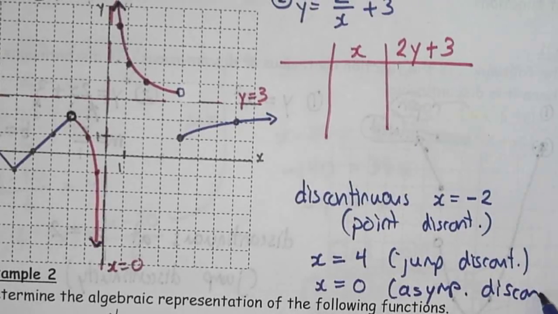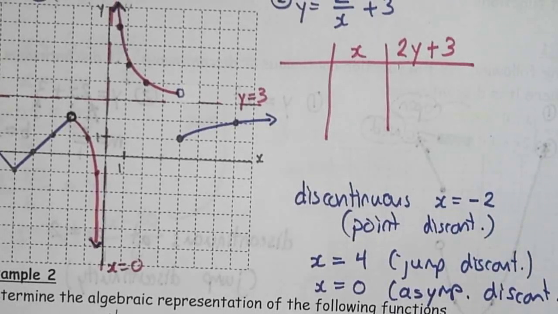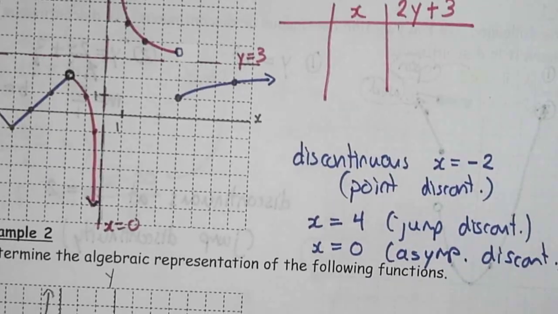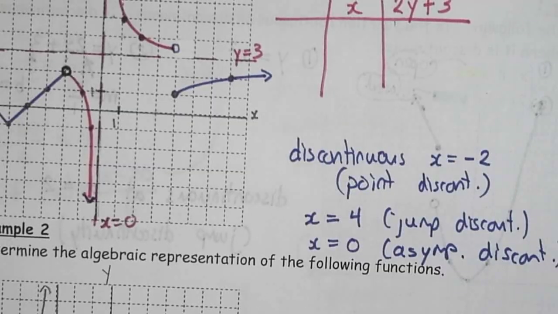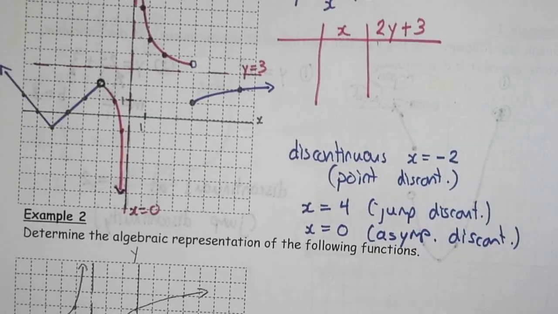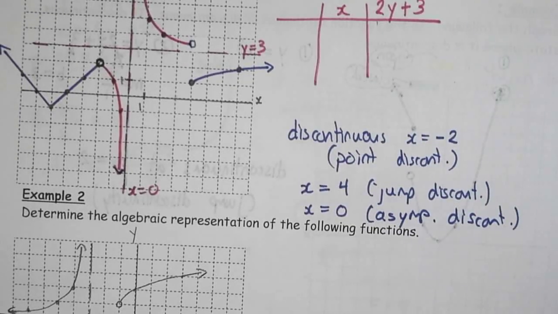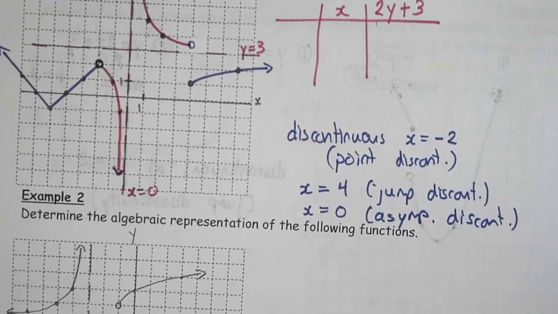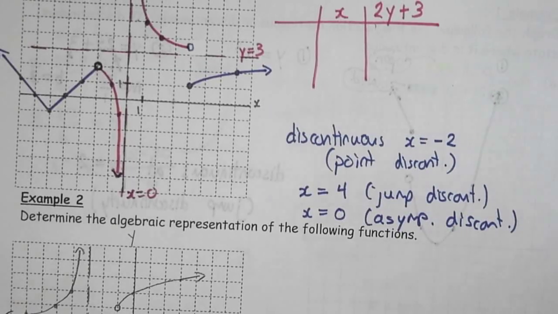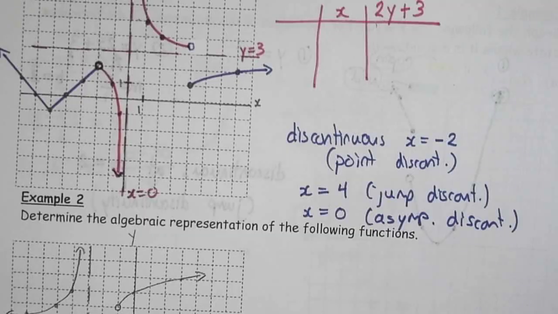Either word, you can go with either one, asymptotic and you can shorten it. So it's asymptotic discontinuity or infinite discontinuity. Is that okay? I'll zoom back out. In university, don't shorten it like that, but if you put asymptotic, yes.